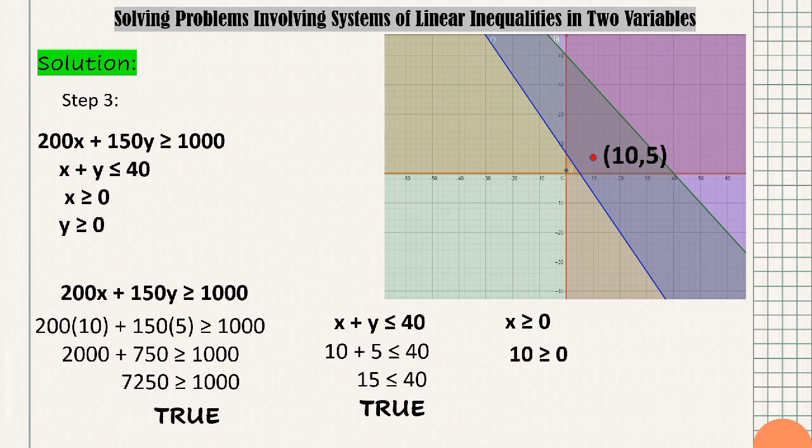The result is 10 is greater than or equal to 0, and the statement is true. For the last, we have y is greater than or equal to 0, and we will have 5 is greater than or equal to 0, and the statement is also true.